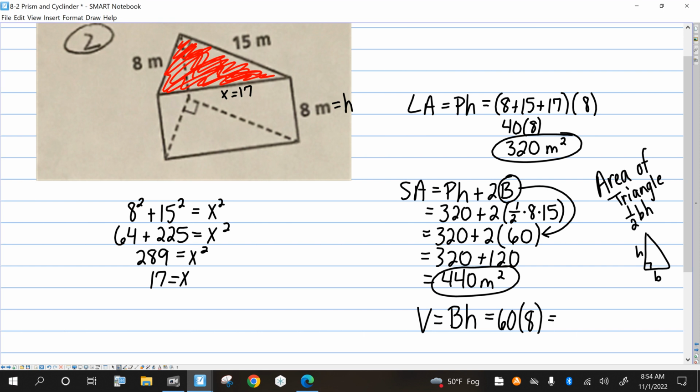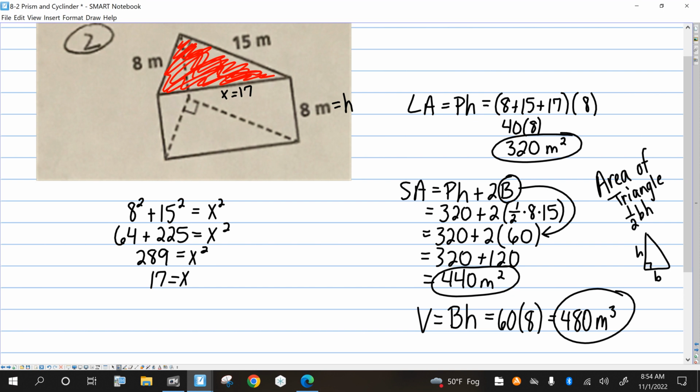Yes. Because capital B stands for the area of the base. So if our base is a triangle, the area of that triangle was 60. And then our overall height of our prism is 8. So what's 60 times 8? 480 what? Meters cubed. Good. Anytime we talk about volume, we put cube on our units.